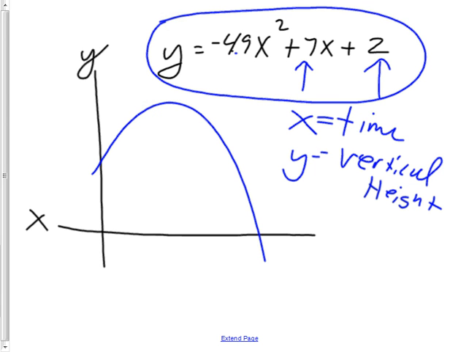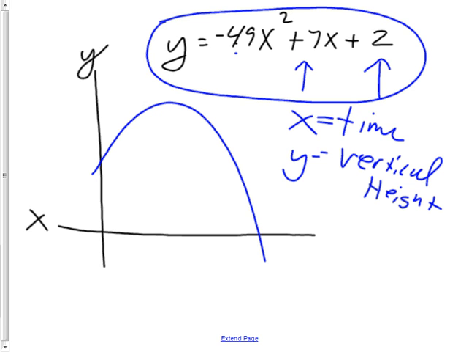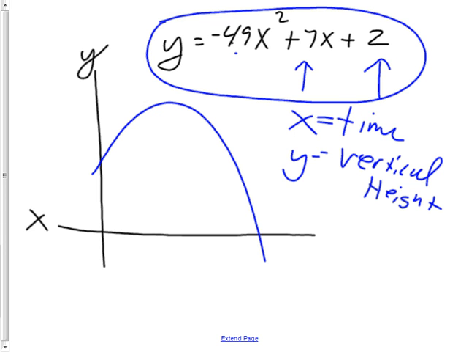So, let me give you an extreme example. A little kid throwing a baseball. He's throwing his fastest fastball. Okay, but it's a little kid. We're talking, let's say, a 5-year-old. He's not going to get much speed on his fastball, right? The same exact equation could be a professional baseball player throwing a fastball. Why? Because on a fastball, is there a lot of vertical movement?